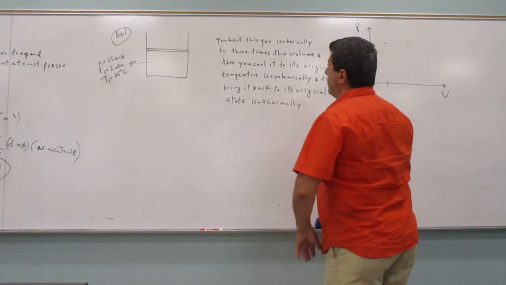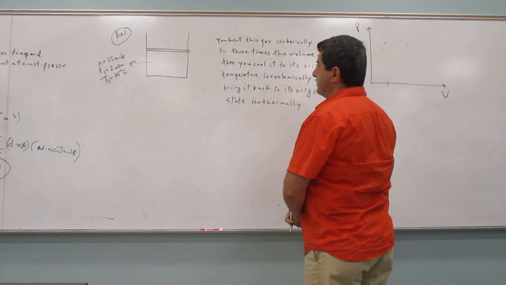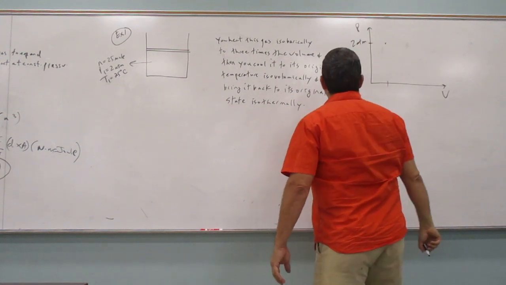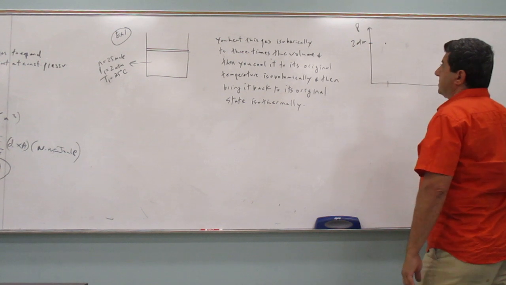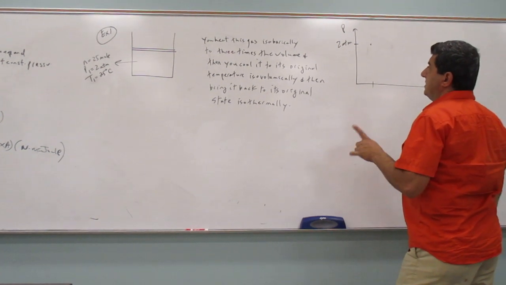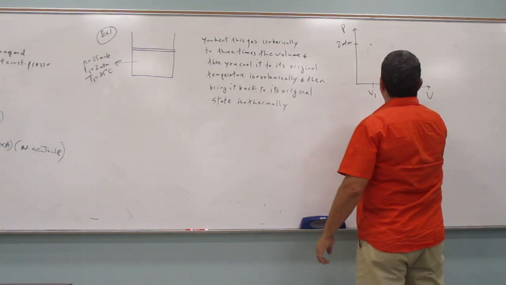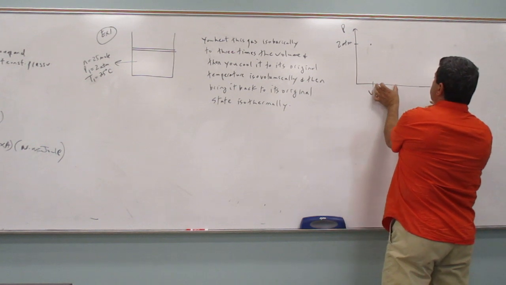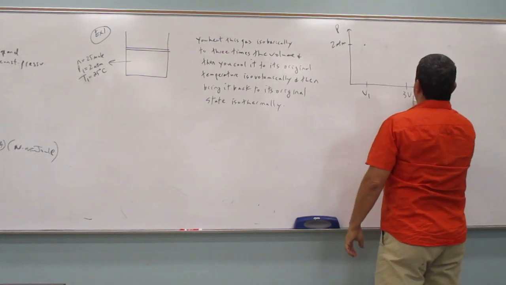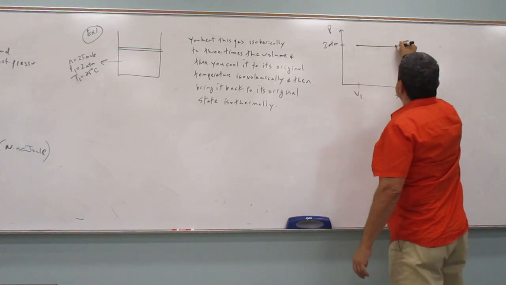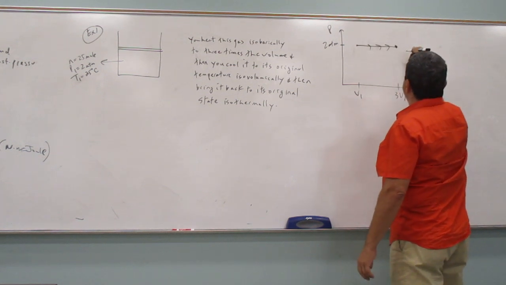So we're starting at some P1, V1, right? So this is 2 atmospheres. Then we are isobarically reheating it to 3 times the volume. So this is V1. So 3 times the volume would be something like 1, 2, 3, 3 V1, isobarically, right?